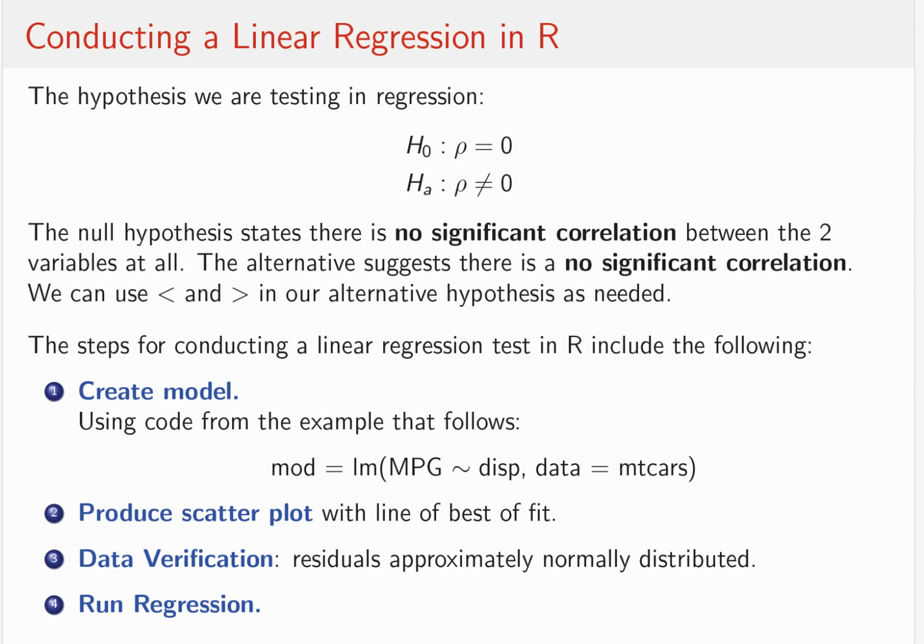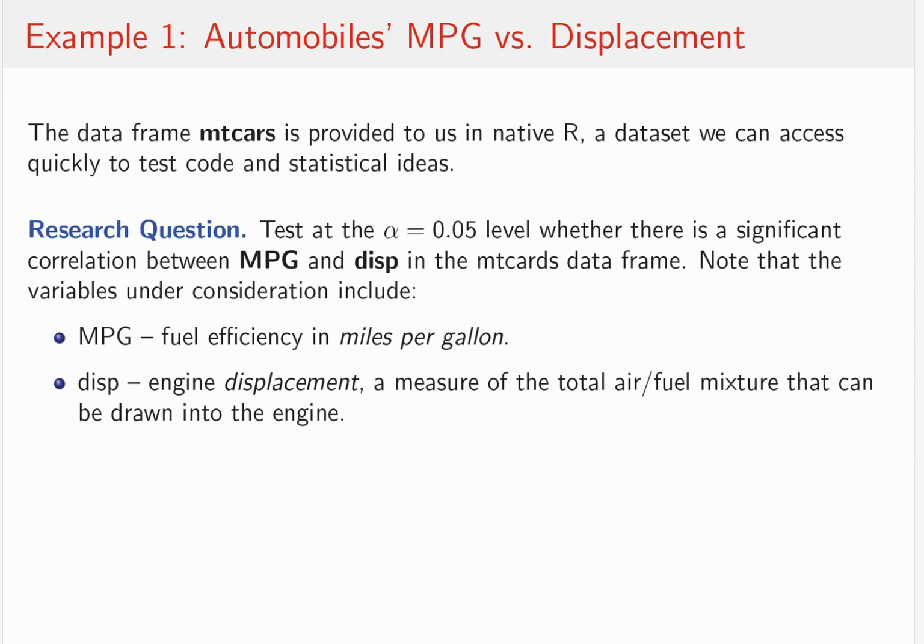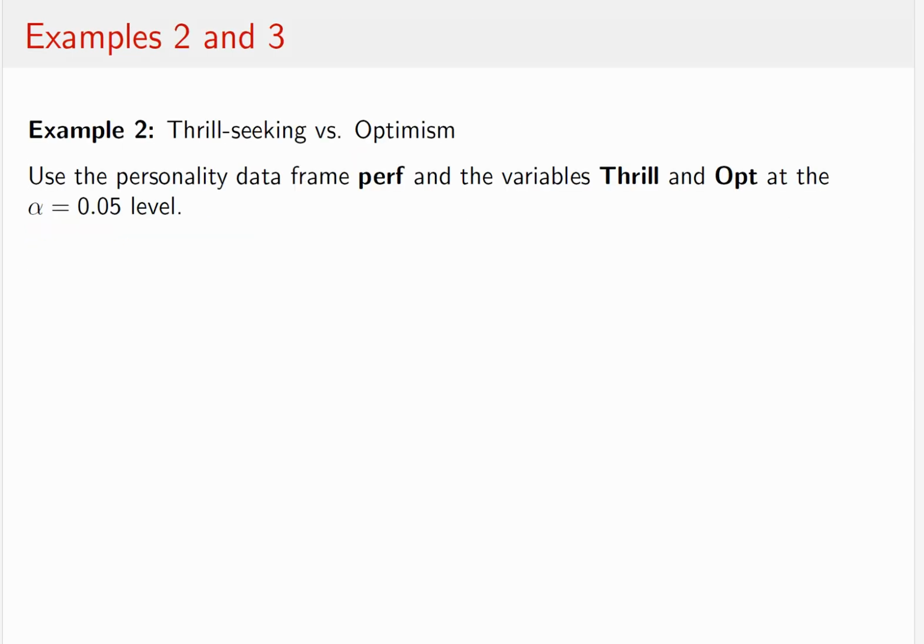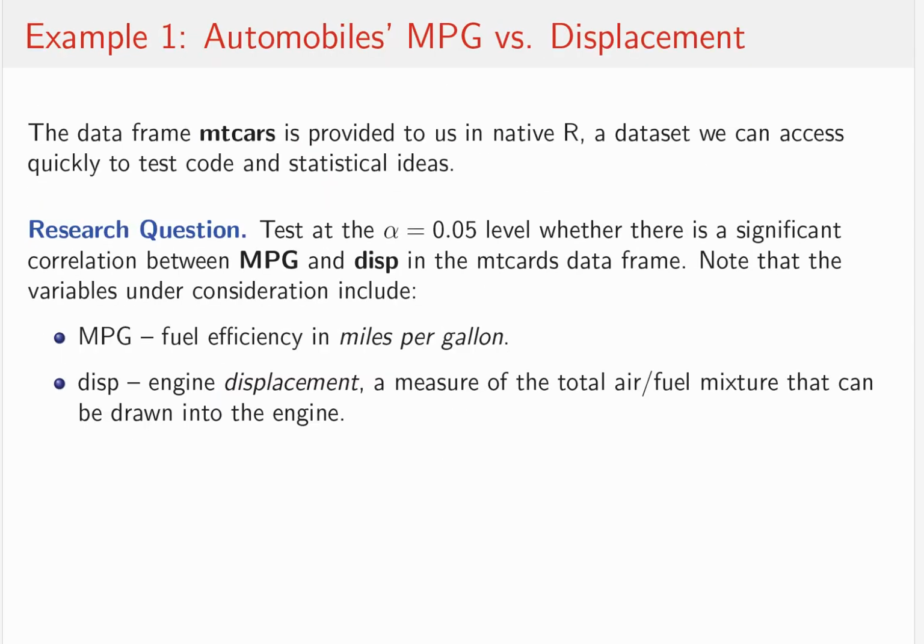Okay, and our first example is this miles per gallon versus displacement. And it's in mtcars, which is a data set that's provided in native R. Okay, there are 3 or 4 data sets in native R, and this is one of them. So we don't have to do any work to import that data into R. Sorry, so there's example 1.